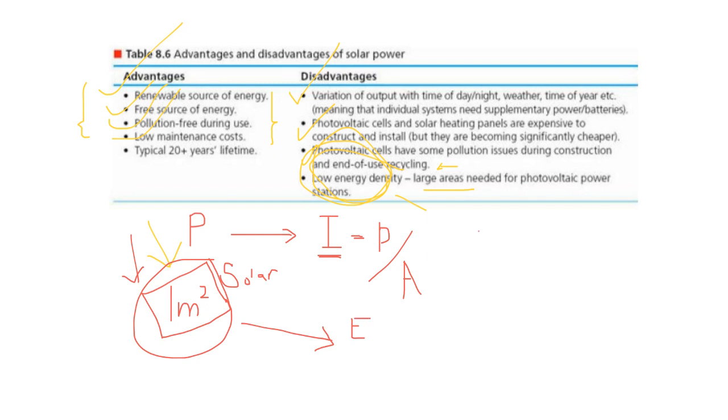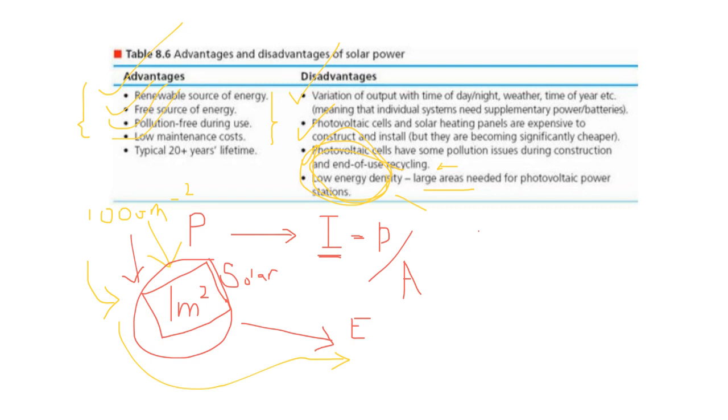Now, if you have 100% efficiency, then basically all the energy that you get per square meter will become electrical. So let's say, for example, you have 100 joules per square meter, J m^-2, and it's 100% efficient.